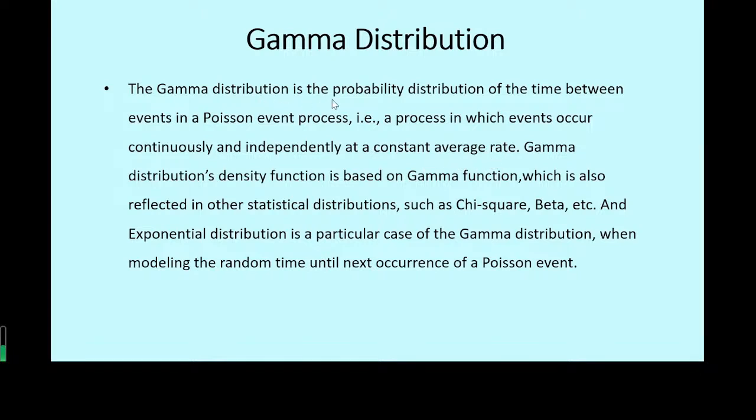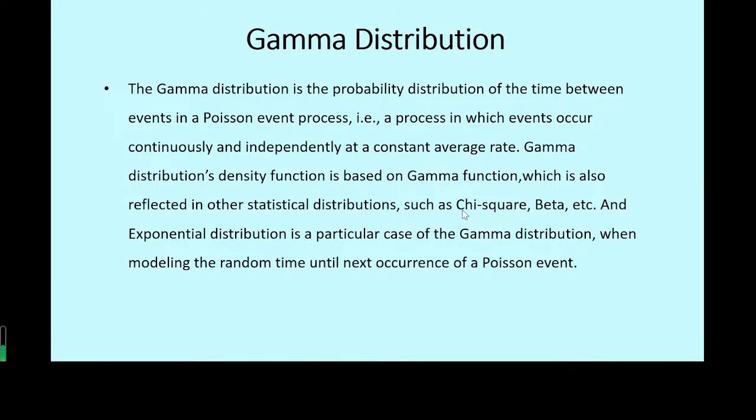And the gamma distribution is used to model the time until the alpha-th occurrence of such Poisson events. So this alpha may be 1, 2, 3, or any number. The gamma distribution density function is based on the gamma function. And the gamma function is also used in other statistical distributions, such as chi-square and beta.